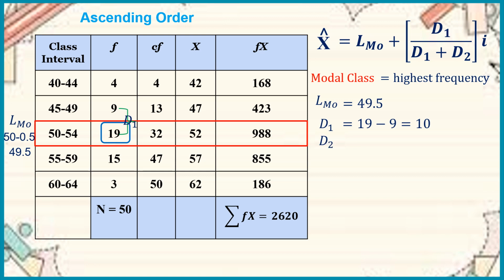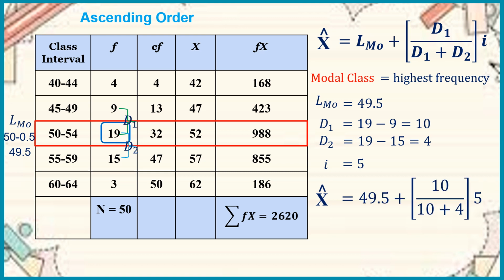And then how about D2? From your modal class, we are going to position your D2 here. So D2 will be equal to 19 minus 15, which is equal to 4. Then I is equal to 5, which we already determined a while back. So we are complete already. We are now ready to substitute the values.